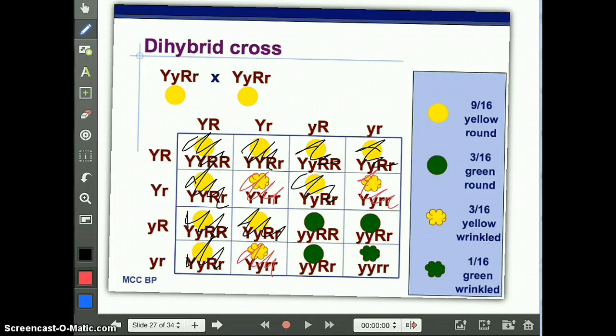Now I need 3 that are recessive for their greenness, and round and green. There's our 1, 2, 3, and there should be one lonely old soul that is wrinkled and green, and that's showing us right there. Again, the only time you need to look at that is when we are heterozygous for both traits.